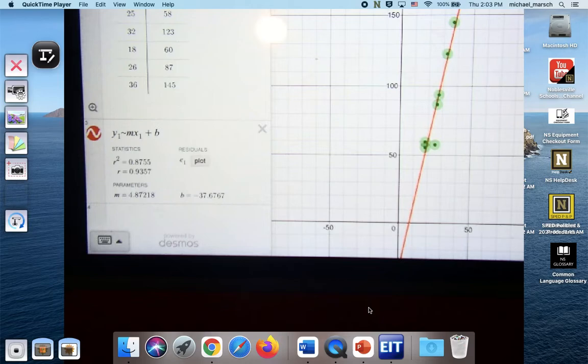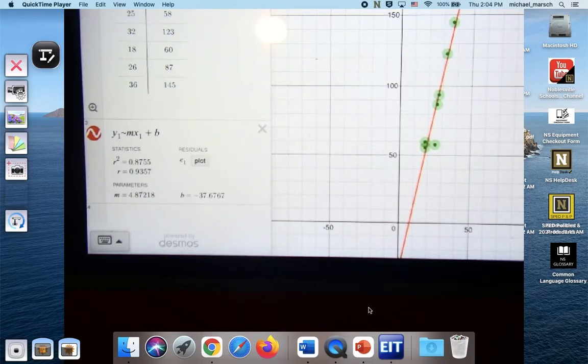We'll talk about that in a second. First, for part A, we had to find the equation of the line. So that's going to be y equals 4.8x minus 37.7.